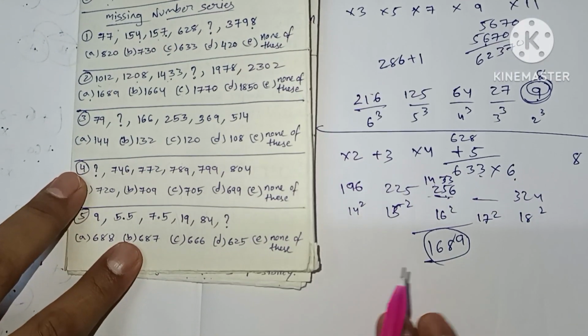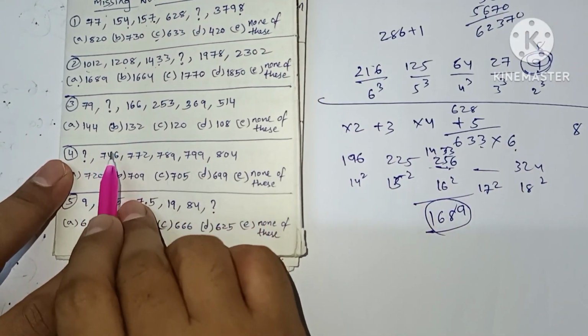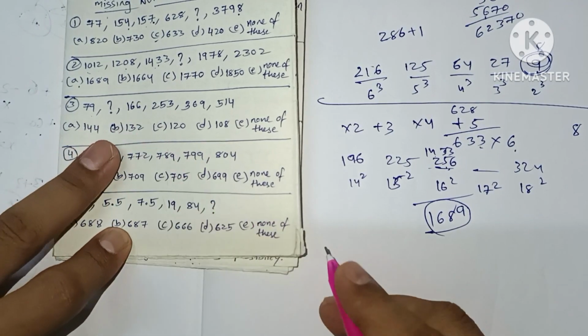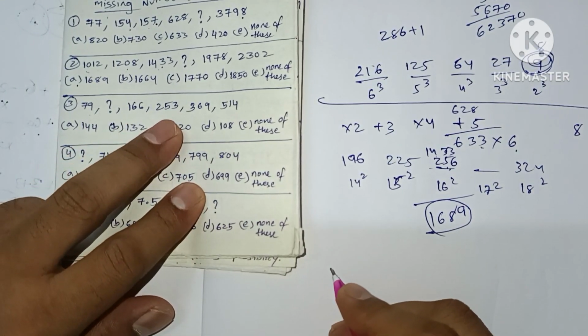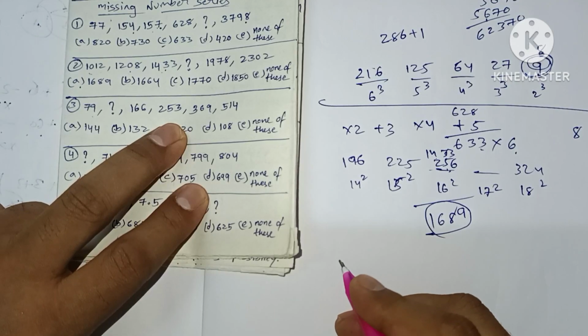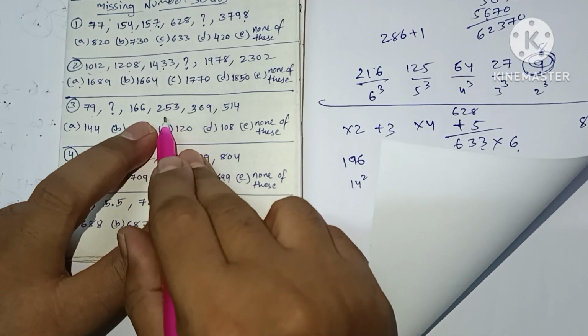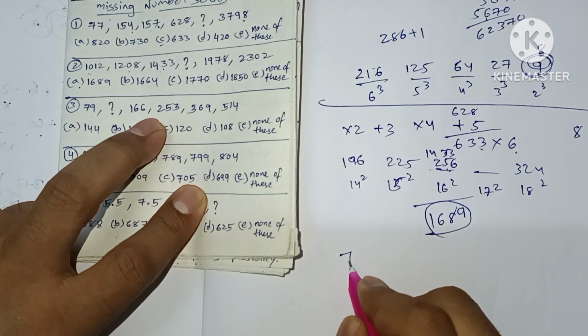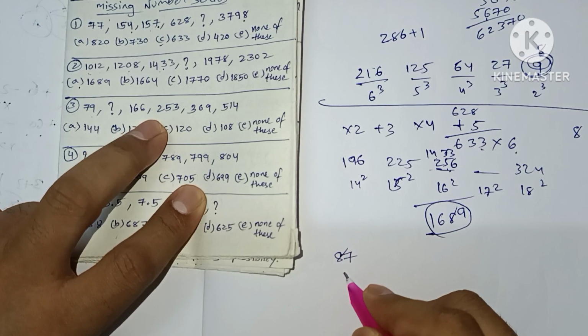Next, third one. 79, dash, dash. Here the difference between 166 and 253 will be 87.